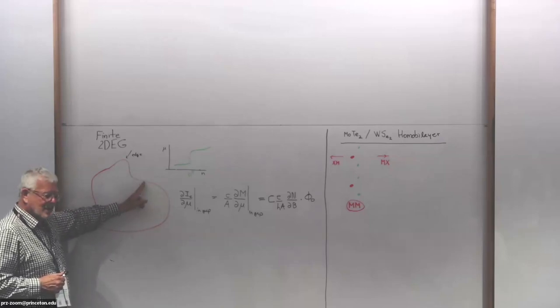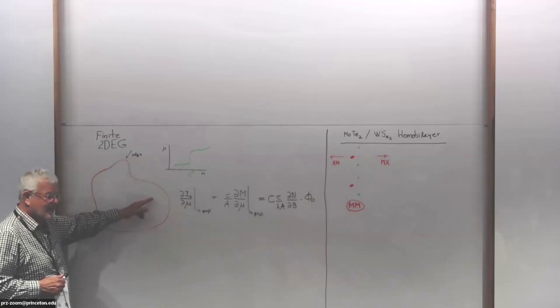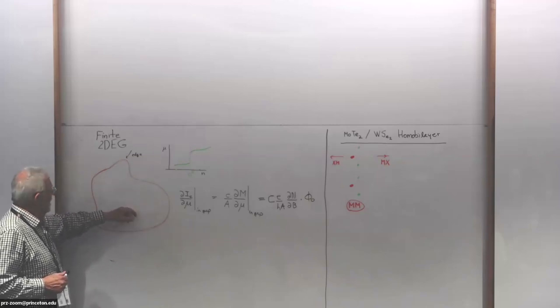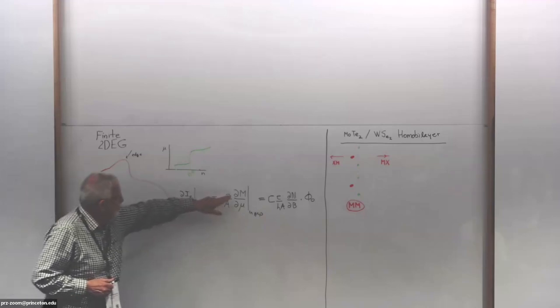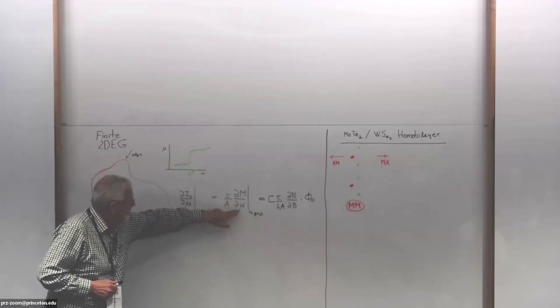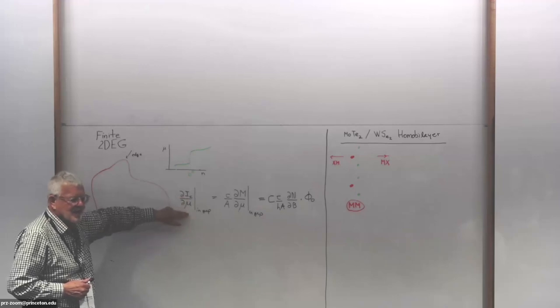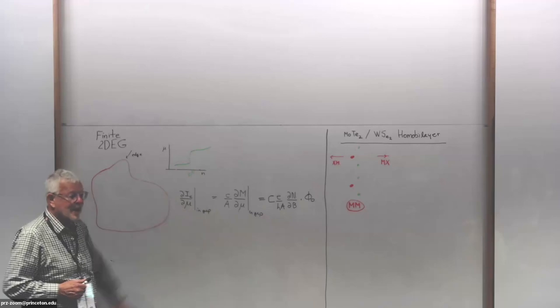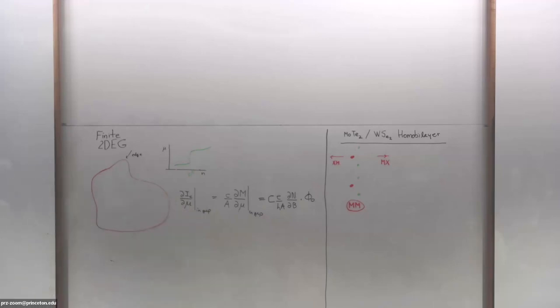and by continuity equation, in equilibrium, that edge current has to be the same everywhere along the edge. And so this orbital magnetization derivative with respect to chemical potential is just how much the edge current changes with chemical potential. And that's all quantum Hall effect measurement is.